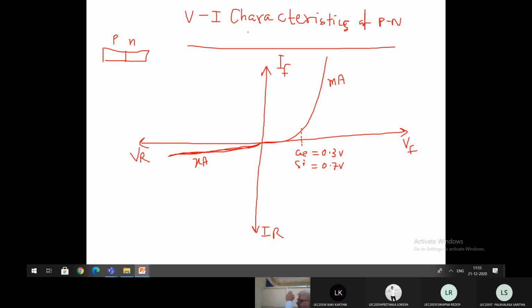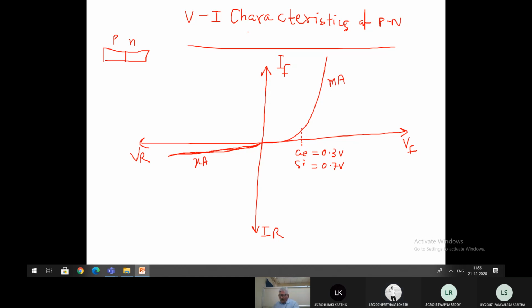Can anyone tell? Can anyone tell why, under reverse bias condition, there is a current flow through the device, the PN junction? Breakdown voltage, sir.